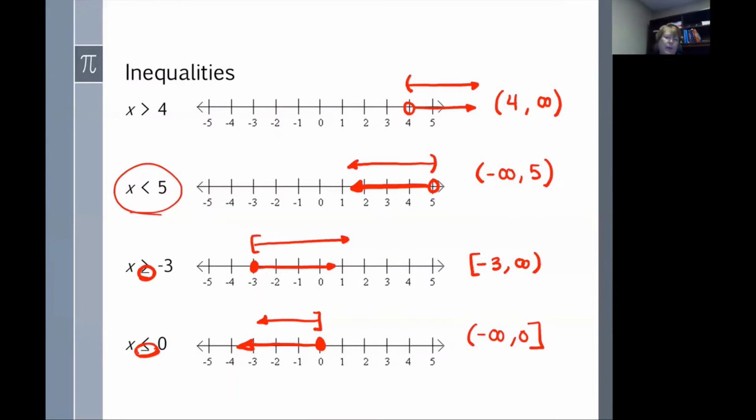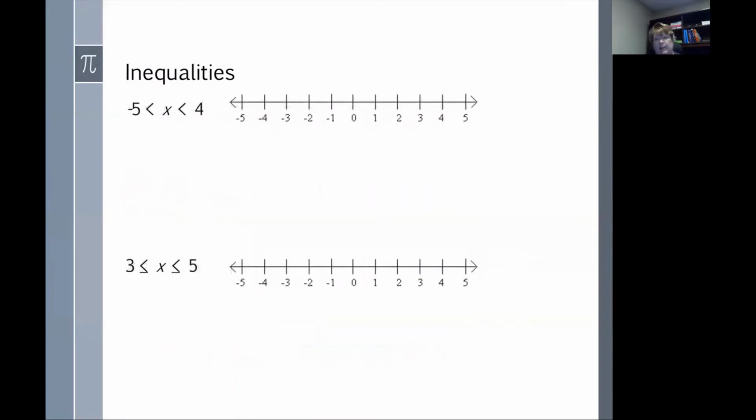All right, what if we have this type of inequality? How is this read? Let's read the first one. The first one is read, x is greater than negative 5, and x is less than 4.